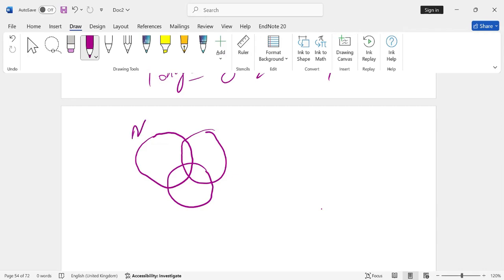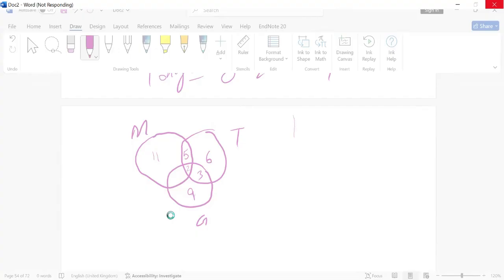So this is M, this is T, and this is G. We have 5 over here, and because we have the intersection of M and T, 2 over there, and 11, 6, 3, 9, 4.